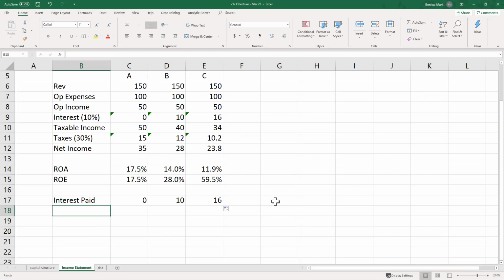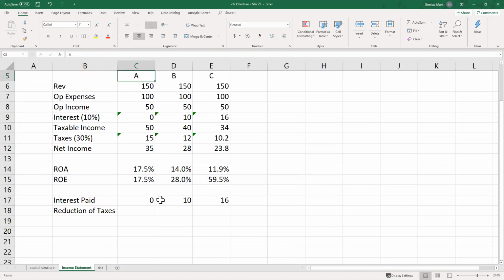Now, as a result of having to make interest payments, because interest is an expense and therefore reduces our taxable income, we have a reduction in taxes as a result of having corporate debt. In option A, there is no reduction in taxes because they don't pay any interest, so it's 0.